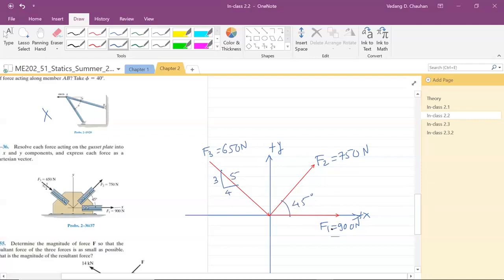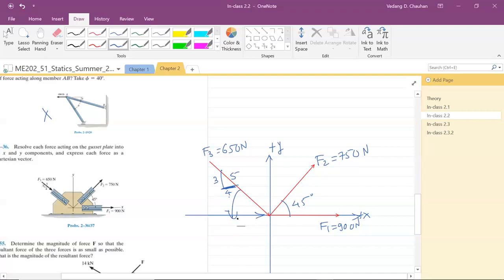So we need to write each force as a Cartesian vector. For F1 it's really simple because it's only along x-axis. So F1 is 900I plus 0j. F2 is 750 cosine 45 I, 750 sine 45 j, and they both are positive. For F3, this line is parallel to x-axis, so x component is 4/5 of 650 I, positive I, because when we project this vector on x-axis, this arrow is going in the positive x direction.